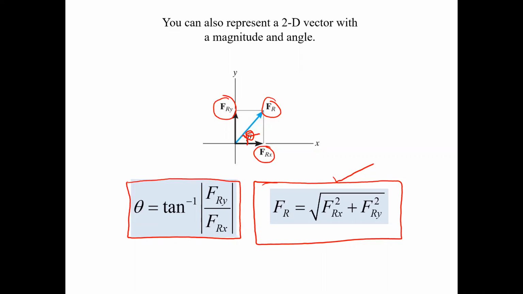Okay, so I hope you are clear with this example of using this method to find the resultant of two or more vectors, right? Maybe you have 10 vectors, 20 vectors, or maybe you have 2 vectors. You can use this method to find the resultant vector. Okay, let's move forward.